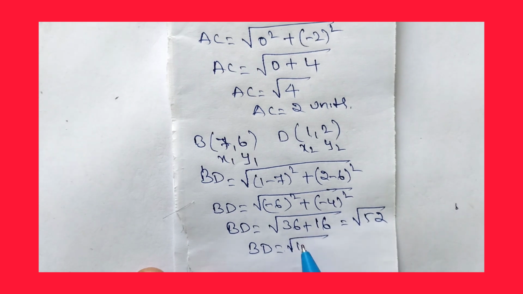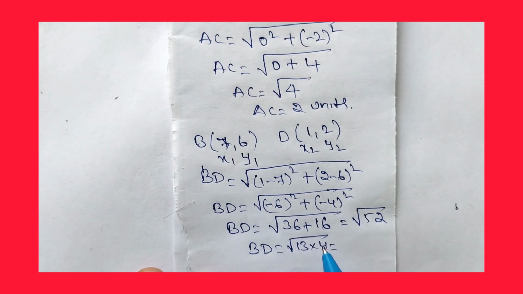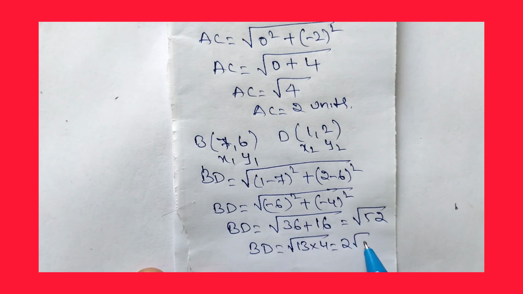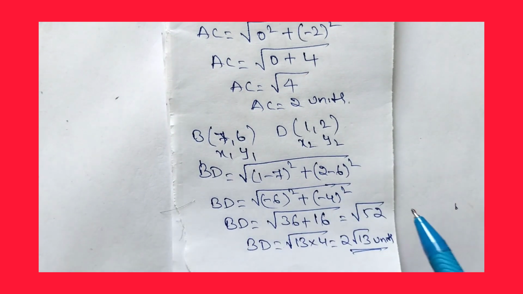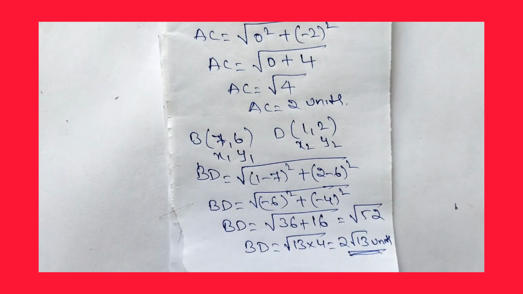That can be written as 13 times 4. Taking 4 outside, we get 2 root 13 units. So the diagonal BD is equal to 2 root 13.